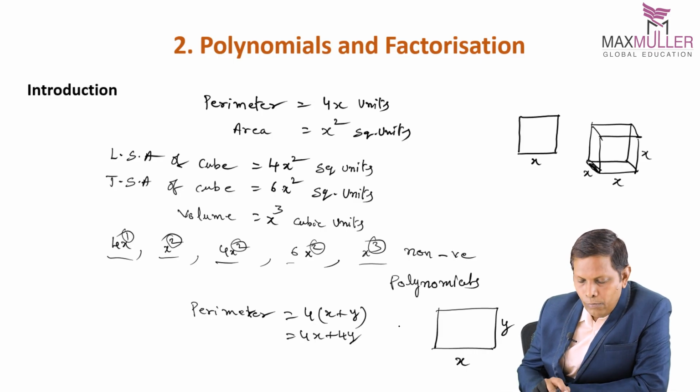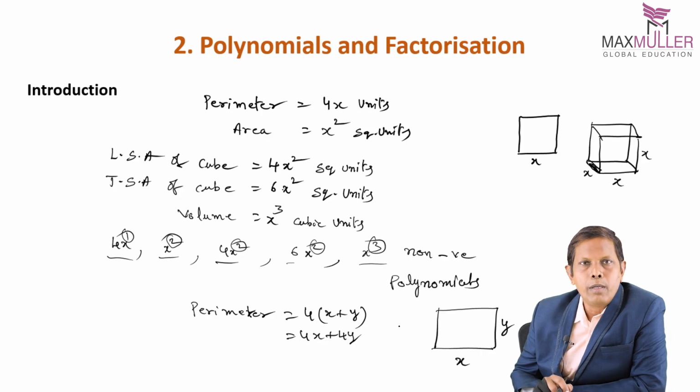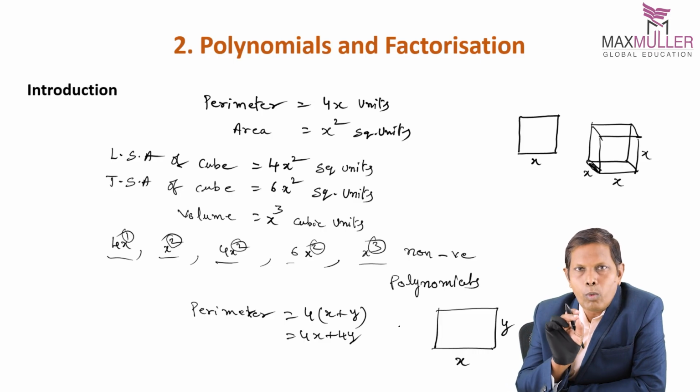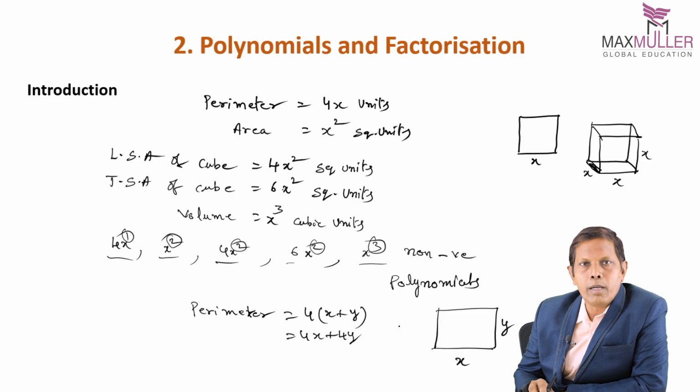If we observe these two equations, in the previous equation you are getting only one variable, one unknown value, but in this equation you are getting two different variables, one is x and one is y. Why?